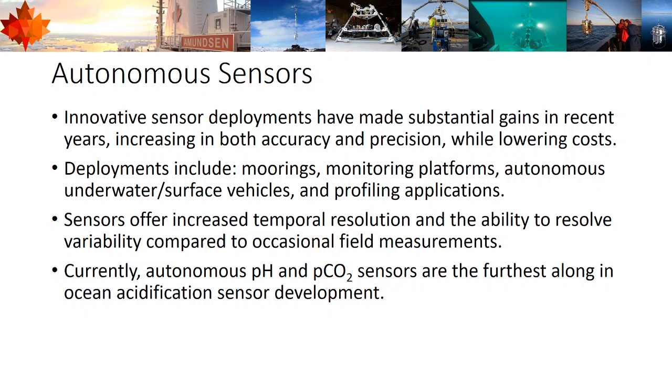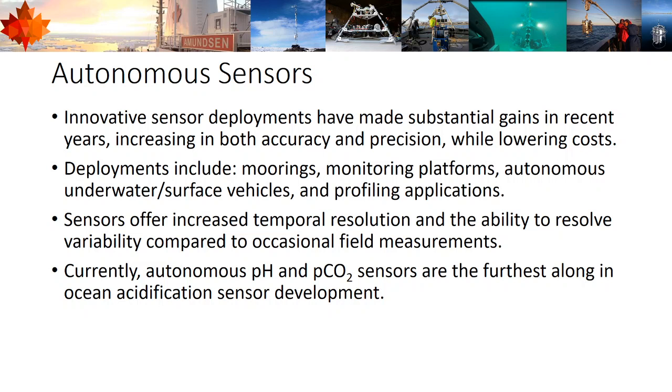Deployments include sensor integration on offshore open ocean moorings, coastal estuary moorings, monitoring platforms, some cabled like the ones on the Canadian coast through Ocean Networks Canada, as well as autonomous underwater and surface vehicles like profiling gliders or wave gliders, as well as profiling applications like your CTD Rosette systems, as well as biogeochemical Argo floats.